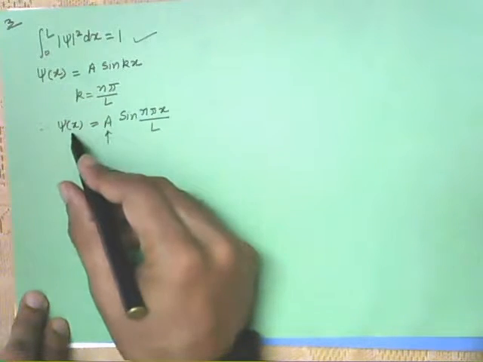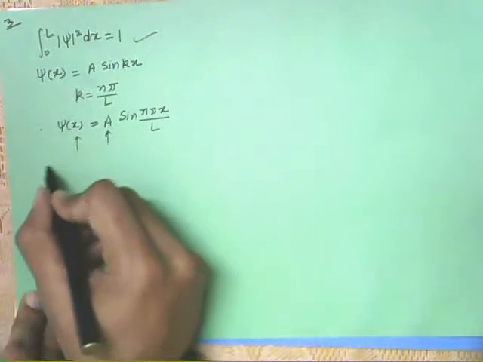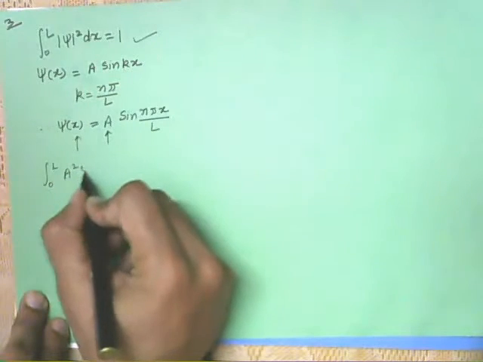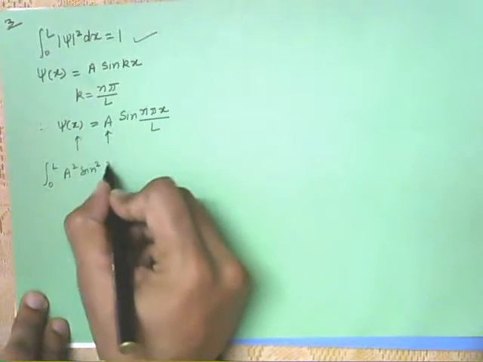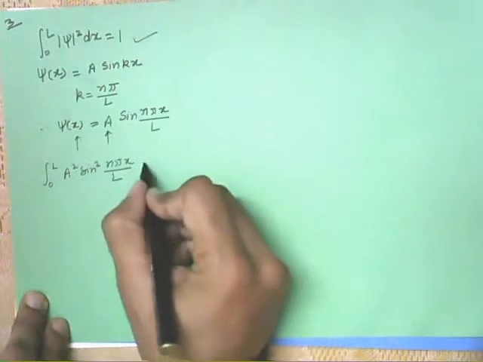So substituting this value of psi x into the above equation, it becomes integral 0 to L a squared sin squared n pi x upon L dx.